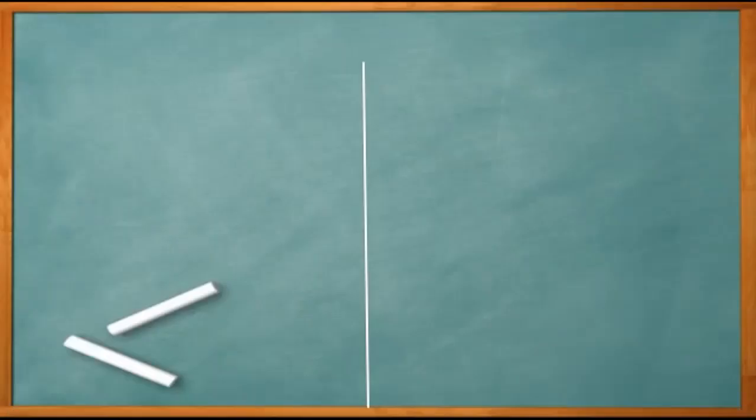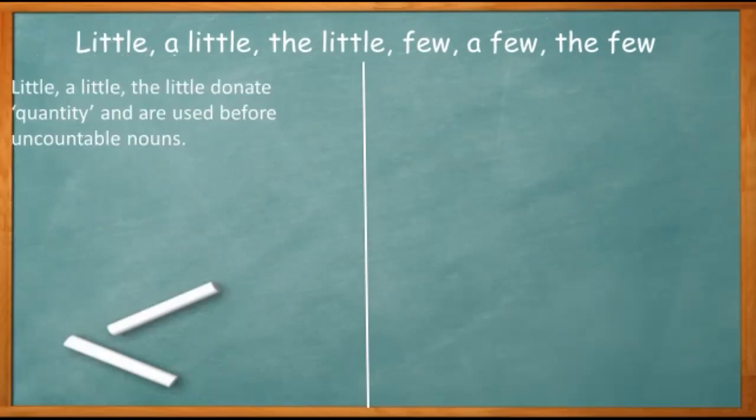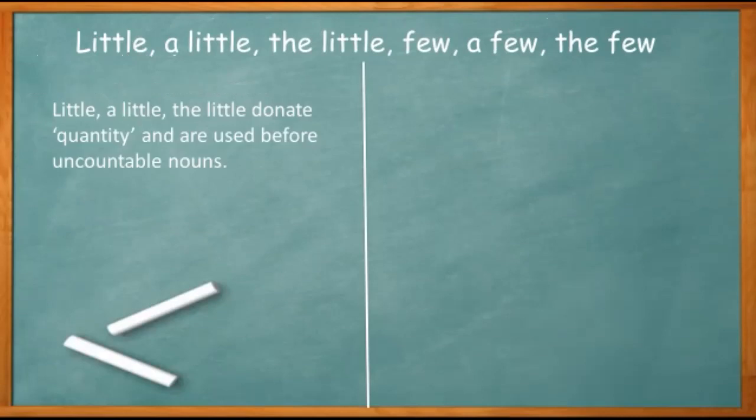Next, little or a little, the little, few or a few, the few. I'll be telling the differences between them. Little and the little, they denote quantity and are used before uncountable nouns.